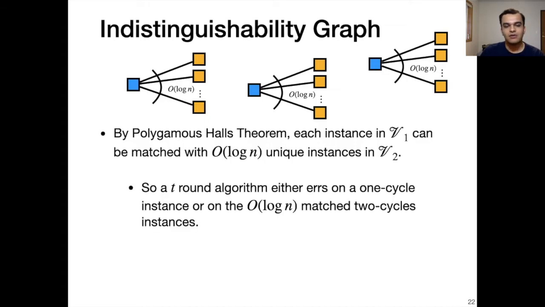So a T-round algorithm either errs on a one-cycle instance or on the log n matched two-cycle instances because all of them are indistinguishable after T rounds.